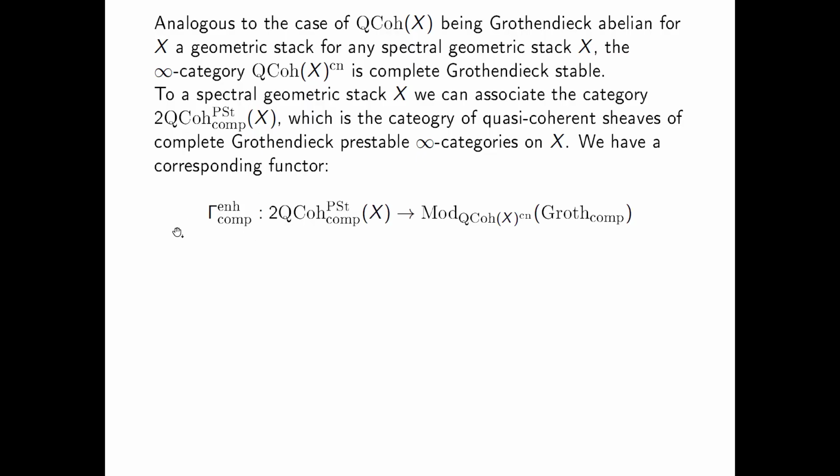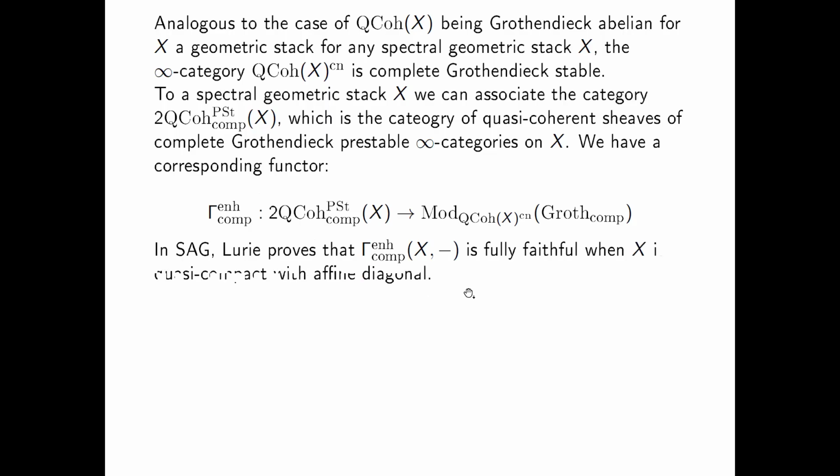Previously there was a superscript, now there's a subscript, I guess, comp. So this goes from this category that we defined to QCoh modules of this, gamma comp. Everything here will be defined in upcoming talks. So in SAG, Lurie basically proves that this is fully faithful when X is affine, quasi-compact with an affine diagonal.